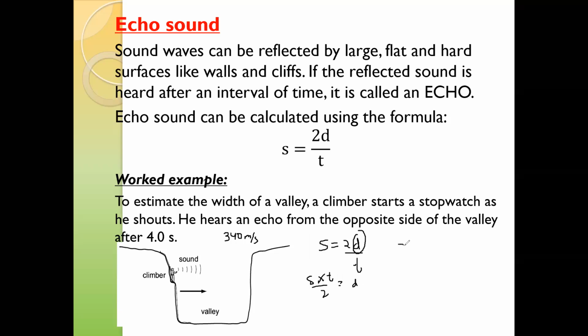So speed is 340, time is 4, and divided by 2. So when you solve this, this will be 680 meters. Is it clear?